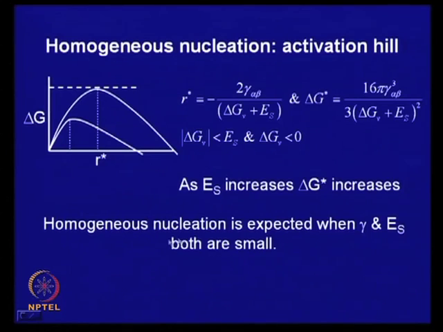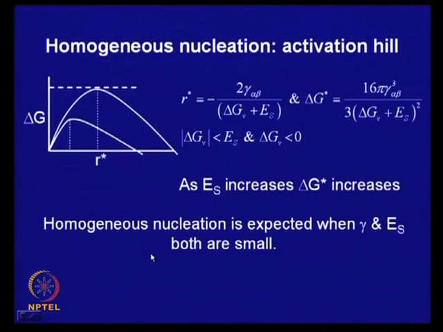In another way, if we can play with this surface energy, if gamma decreases, then the critical nucleus size also decreases.